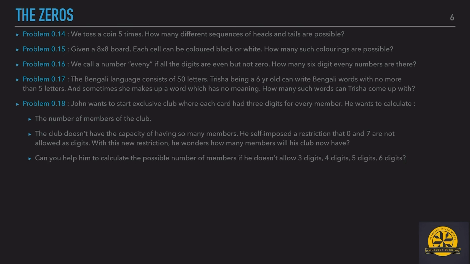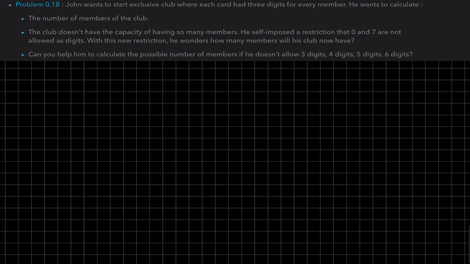Problem 0.18 states that John wants to start an exclusive club where for every member there's a card which has 3 digits. He wants to compute the number of members of the club. So every card has 3 digits.